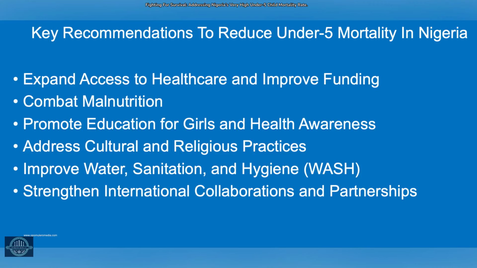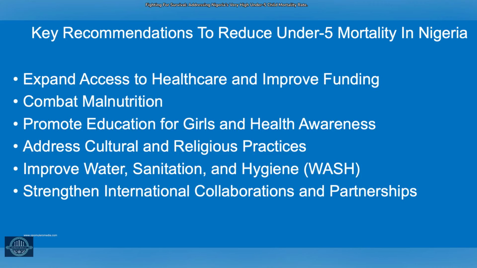By also following the recommendation of the Abuja Declaration of 2001 to increase the health budget to at least 15% of the federal annual budget. Additionally, by working to meet the target of Sustainable Development Goal 3.2 of reducing under-5 mortality to at least as low as 25 per 1,000 live births.